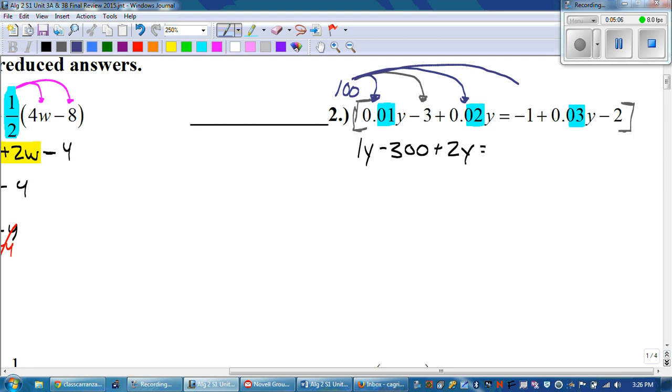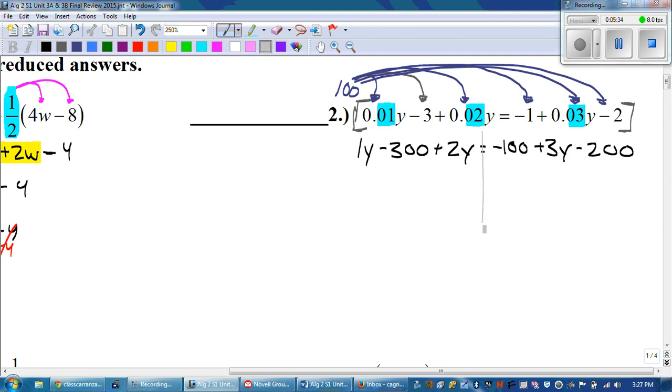And remember, everything: 100 times -1 is -100. 100 times 0.03y gives me 3y. And the last one, oh my gosh, almost done. 100 times 2, 200.